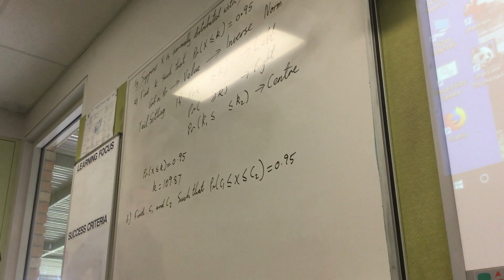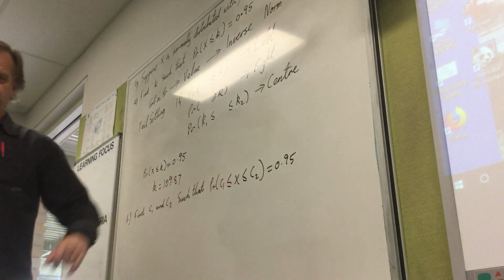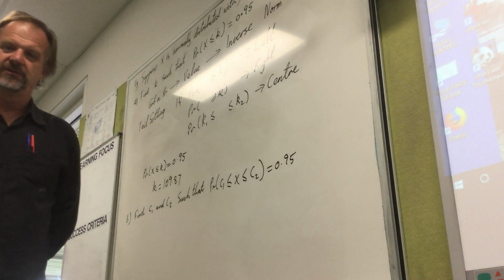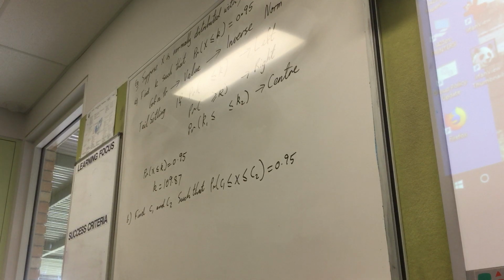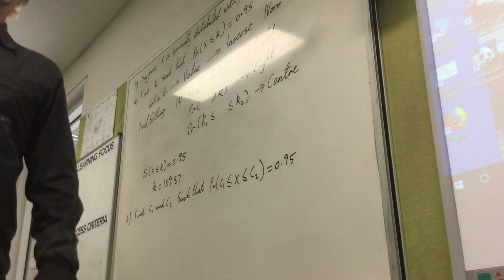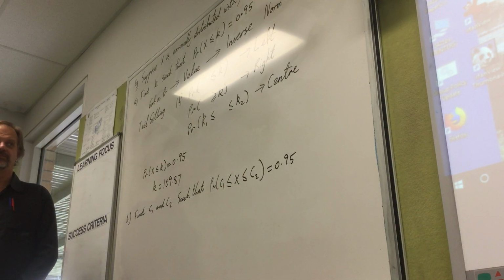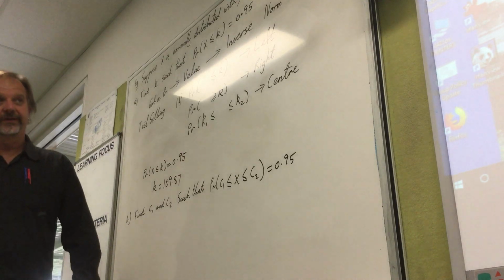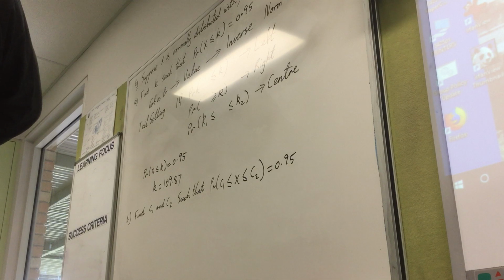All right, so this one here says find C1 and C2 such that probability of X being between C1 and C2 is 0.95. So we can do the same thing. You can go all the way back to statistics, or you can just click back. And this time it's in between two numbers. So the tail centre. All the other information is the same from the previous bit, and so we'll go next.